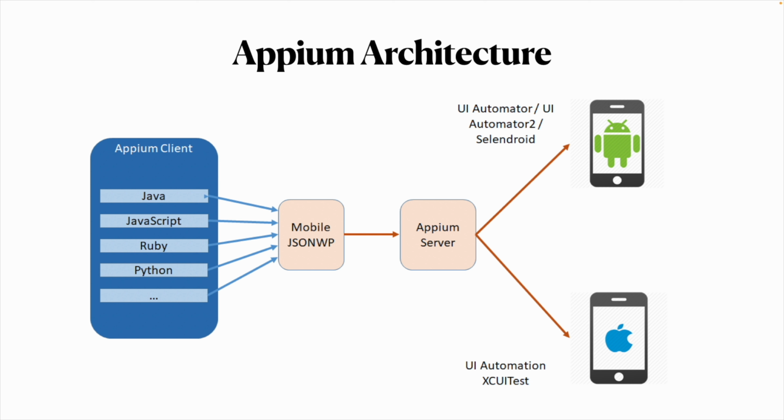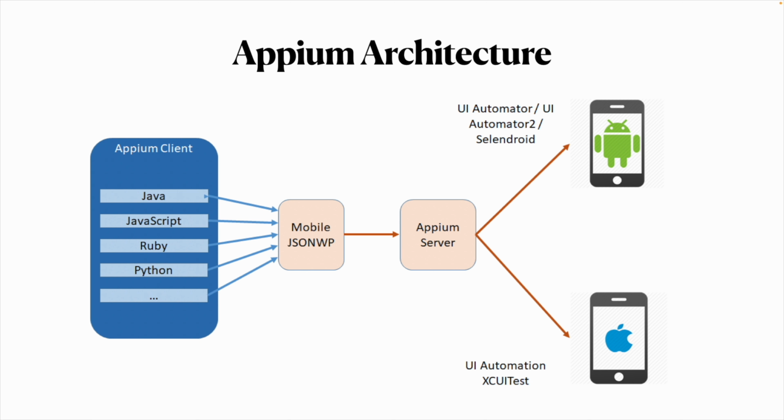So now all the commands have come to the Appium server here on the right hand side, and if you are executing a test on an Android device, if you are using any application which is running on the Android device, then it is going to use UI Automator or UI Automator 2 to run the commands which you have given. Say for example, launch the application, and do some operations in the application like click, enter some text and so on.